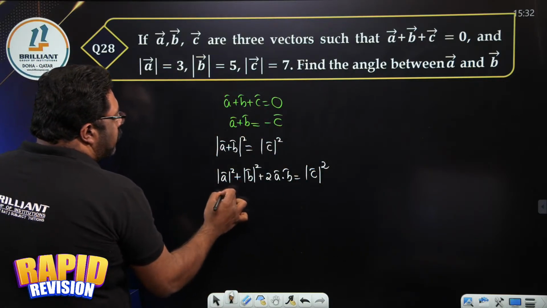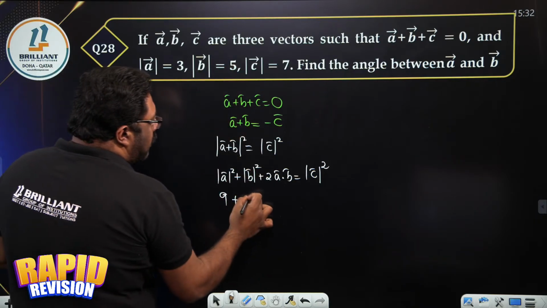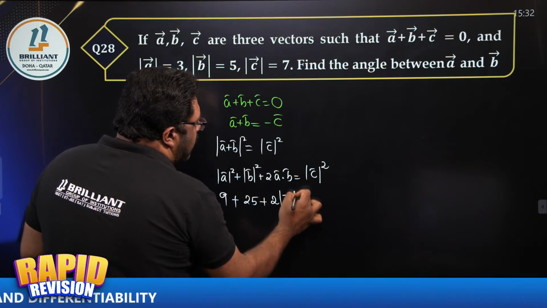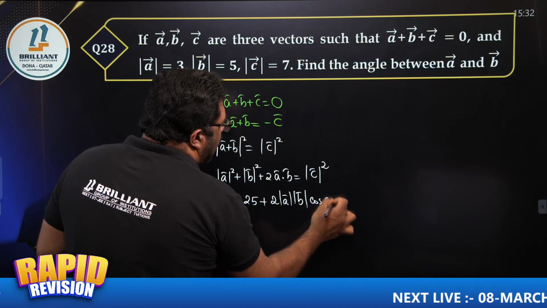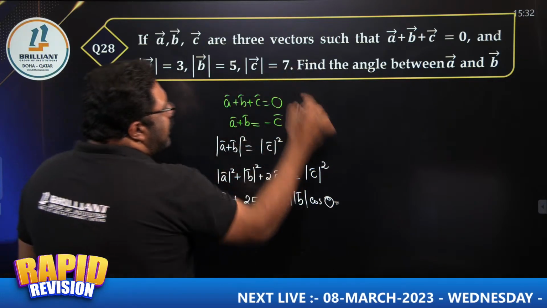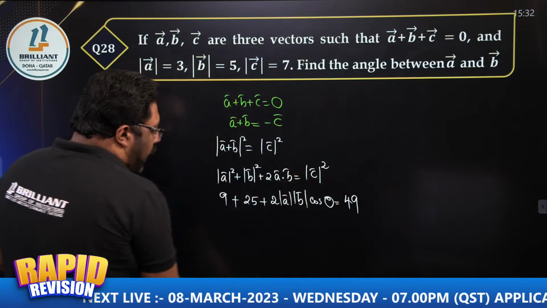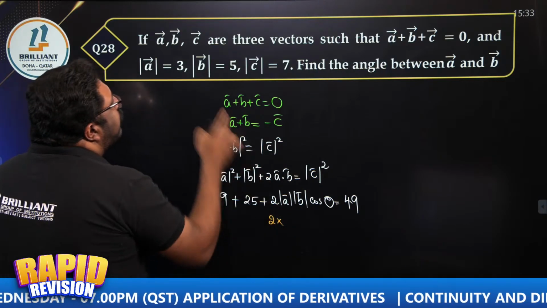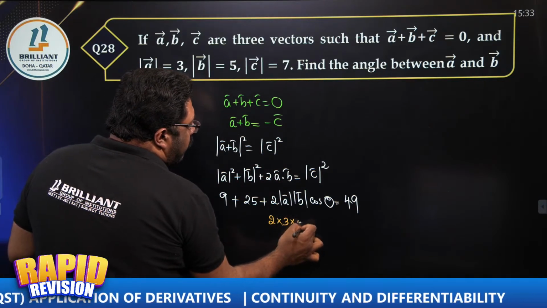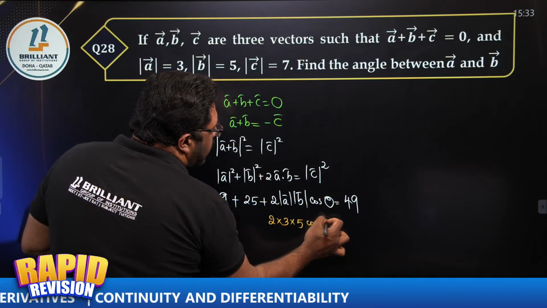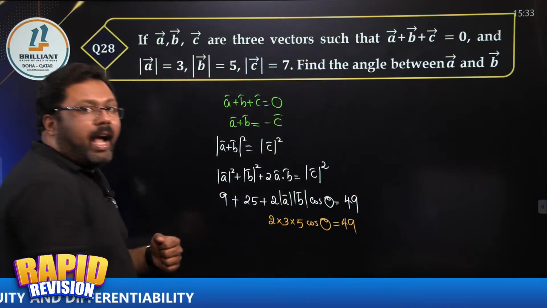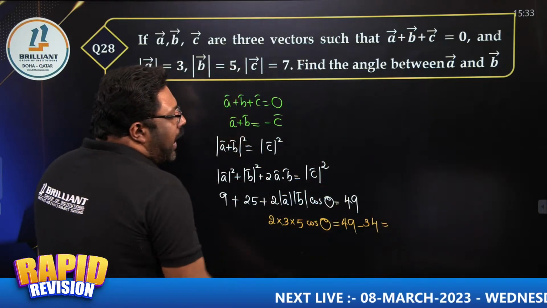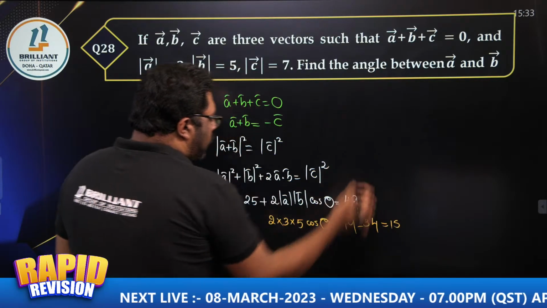A squared 9, B squared 25. A dot B, already the formula was discussed in the previous question. AB cos theta, C squared 49. Substitute all the values possible. 2 into 3 into 5 cos theta equal to 49 minus 34. 49 minus 34, 15.